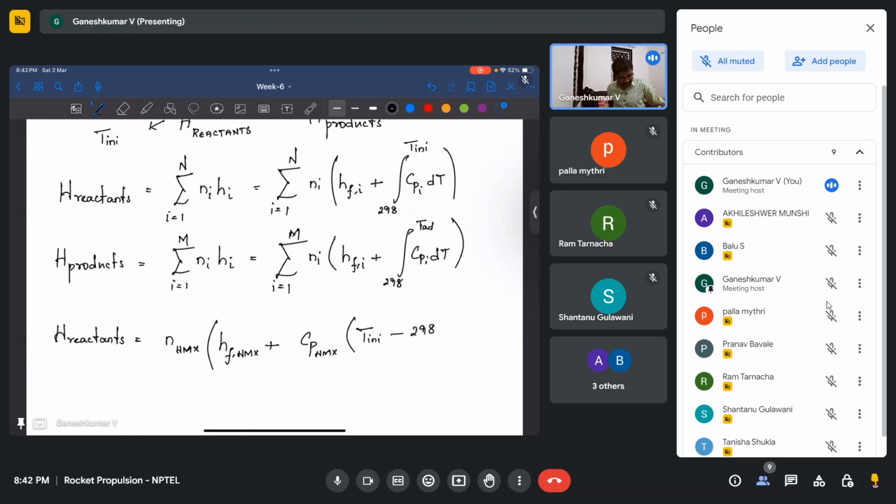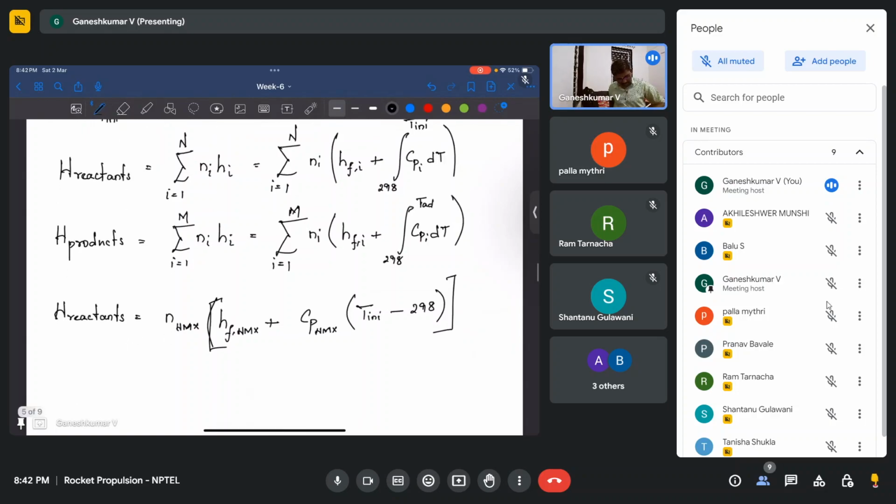I did the integration here itself, and then plus N of HTPB into the formation enthalpy of HTPB plus Cp of HTPB into T initial minus 298.